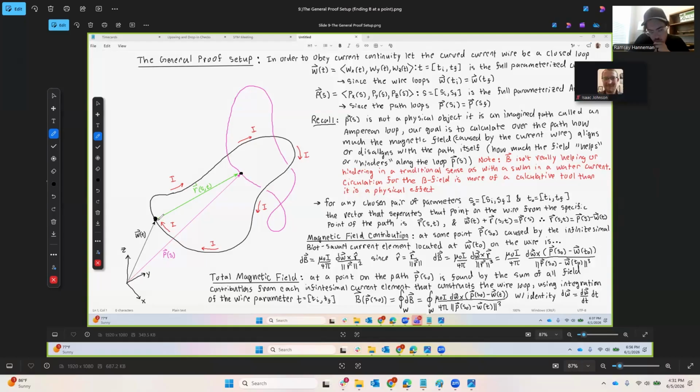Like I picked this wire point. There's infinitely many path points that I could point to for this particular wire point, right? So really I have two smooth parameters s and t, and I can pick any s and any t, and that will relate to some point on the wire pointing to some point on the amp loop.